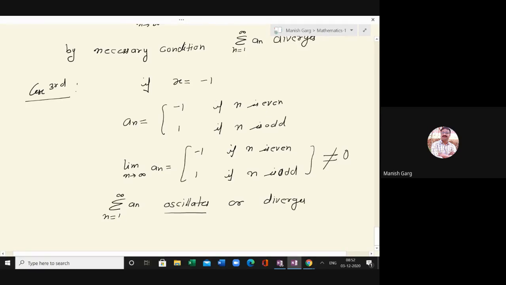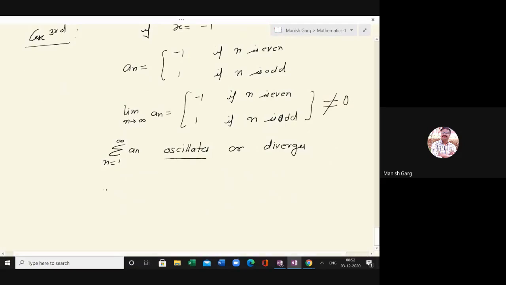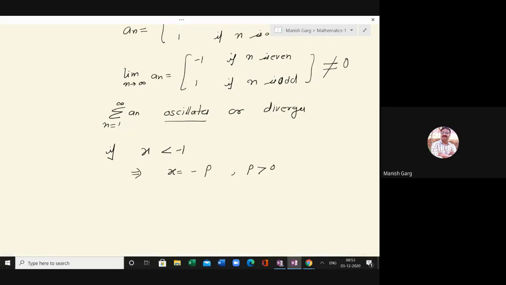Complete answer is this. Now, if x is less than -1, what I am doing is x equal to minus rho, where rho is positive; you can write any negative number like that. So here, take Sn.